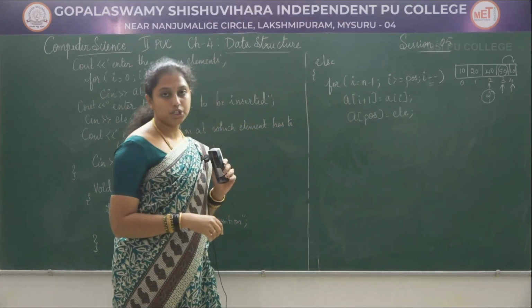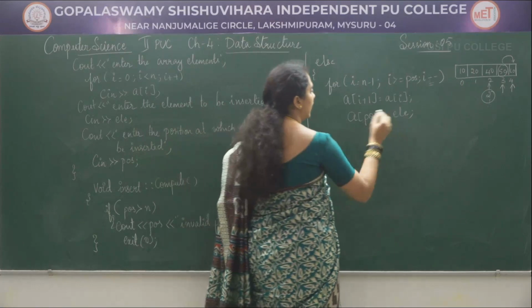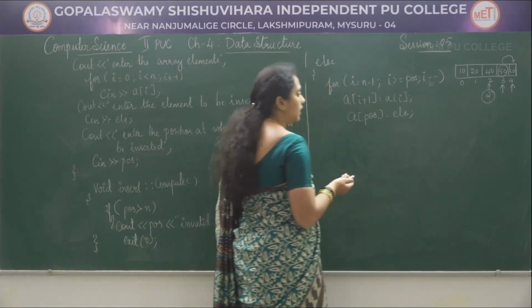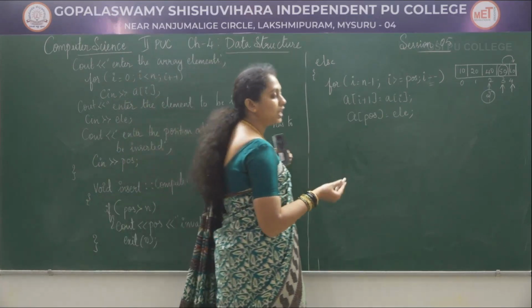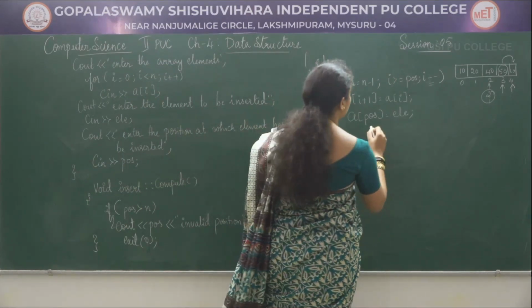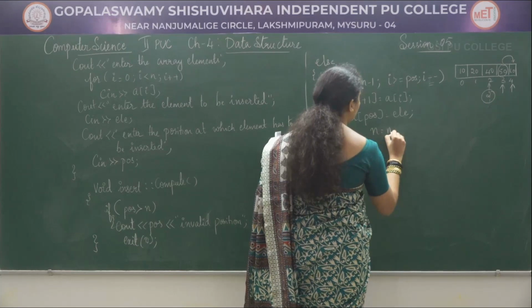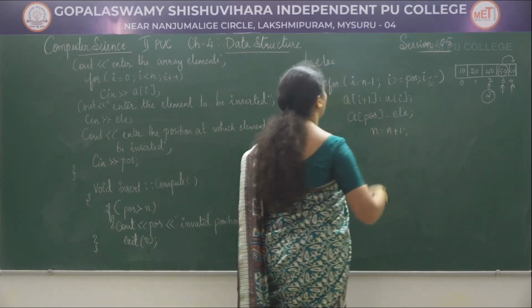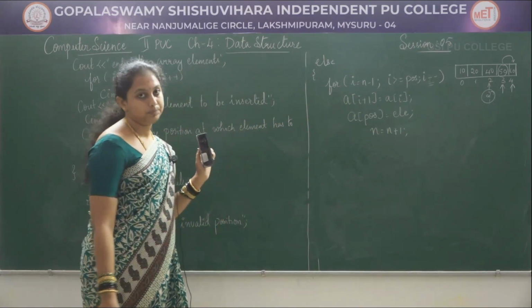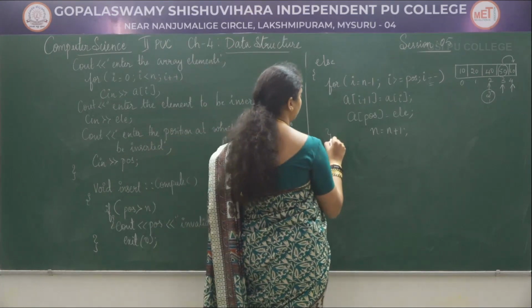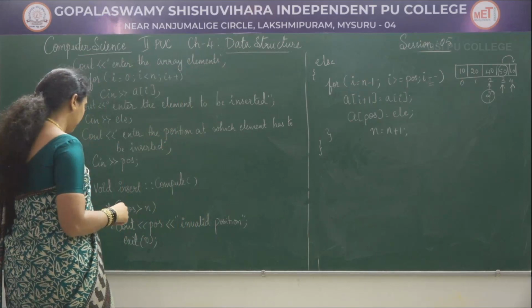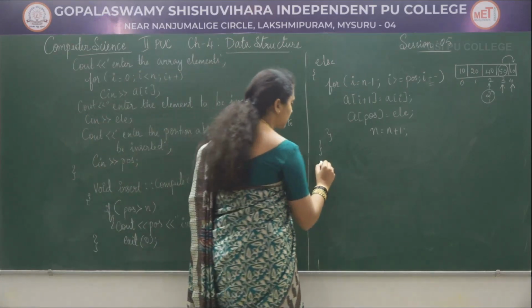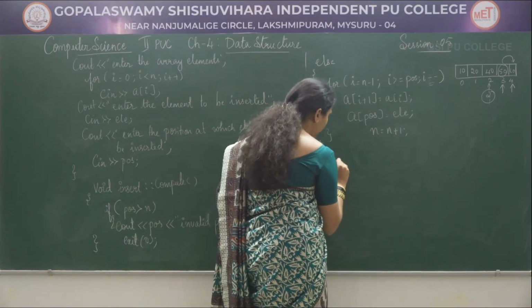So after inserting an element into an array, the size of the array is increased by 1, that is n is equal to n plus 1. So close this function.